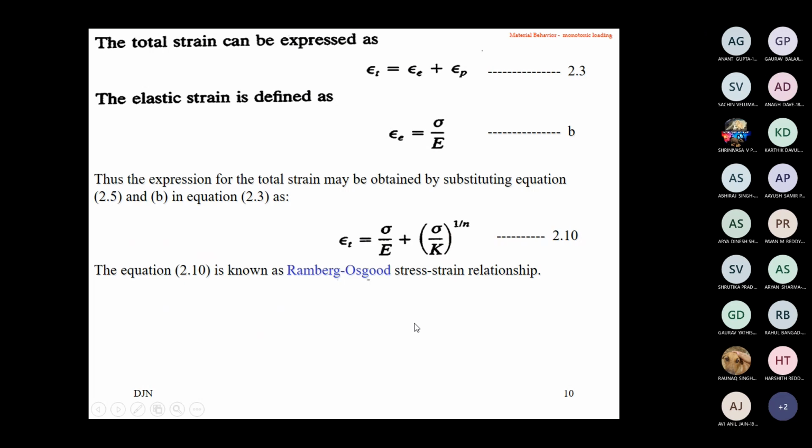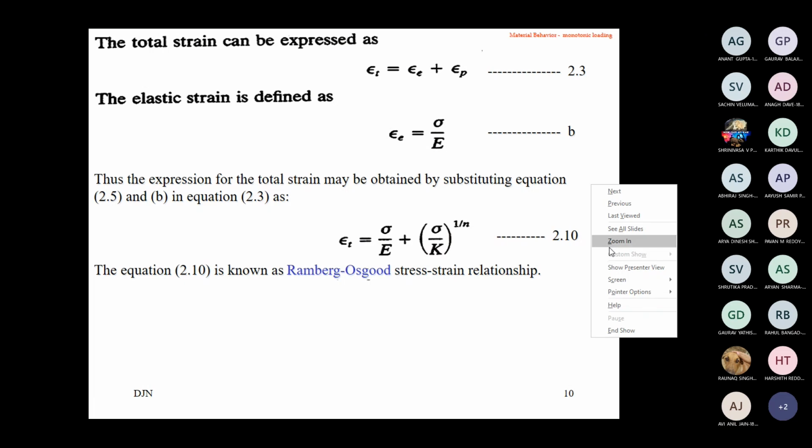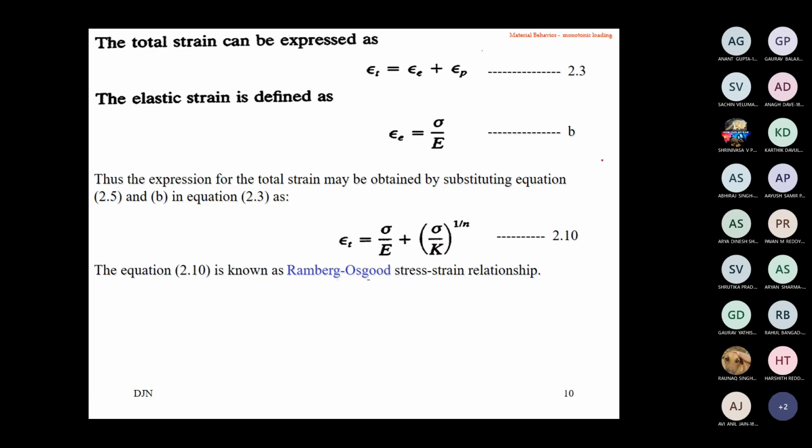Okay, so just update the equation. This type of total stress strain equation is known as the Ramberg-Osgood stress strain relationship equation.